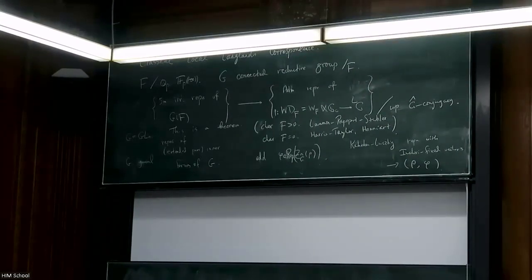So if you just look at the form of this correspondence, it has a sort of categorical structure there. And also the left-hand side, okay, that's a little bit more difficult to see.